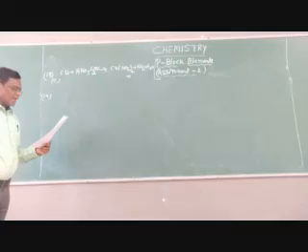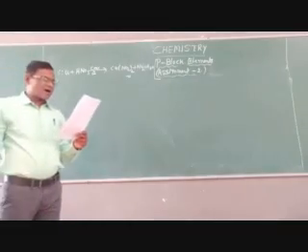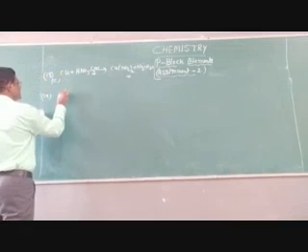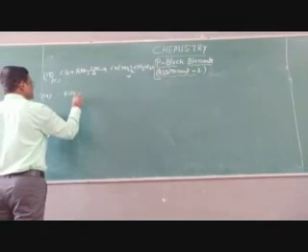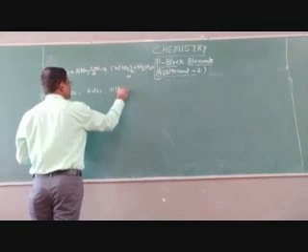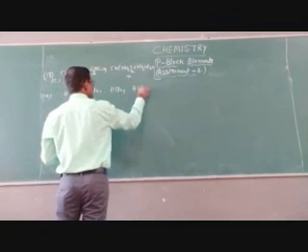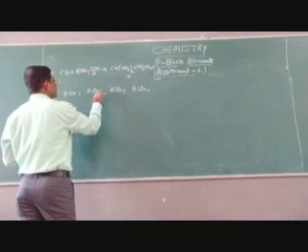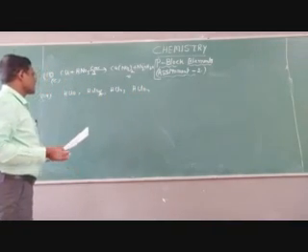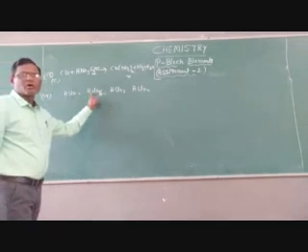Next, among the following, the correct order of acidity. So here options are also given. What are given? HClO, HClO2, HClO3 and HClO4. These are all called oxo acids of chlorine.